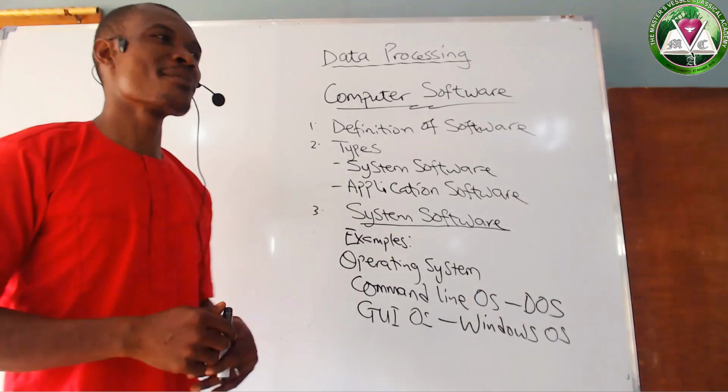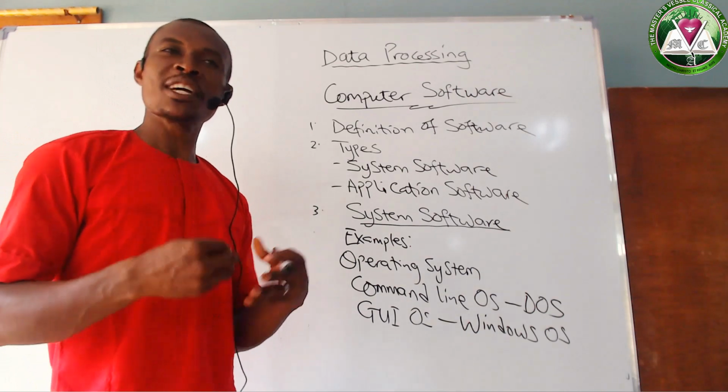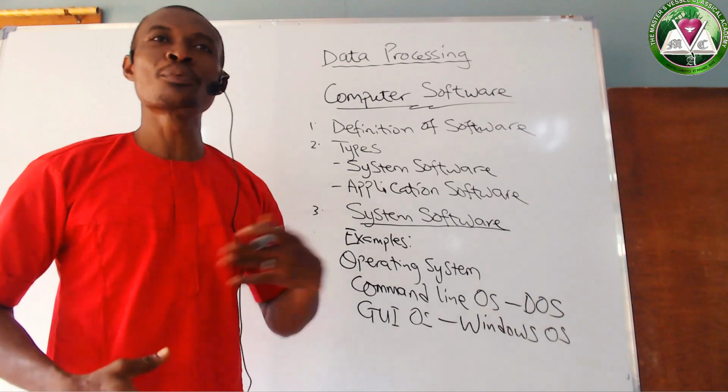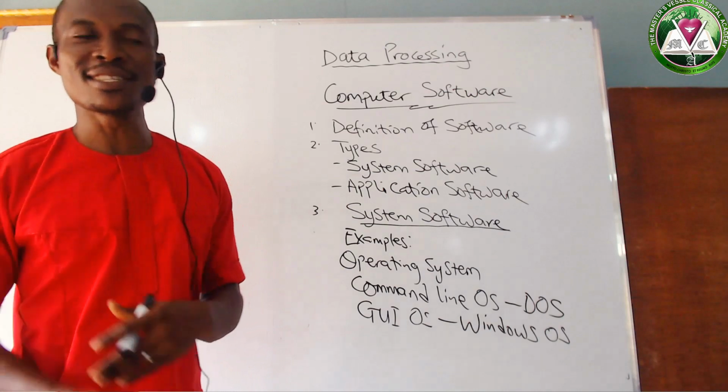So the kind of operating system that processes data in this manner, making sure that a task is being handled by more than one processor, is called multiprocessing operating system.